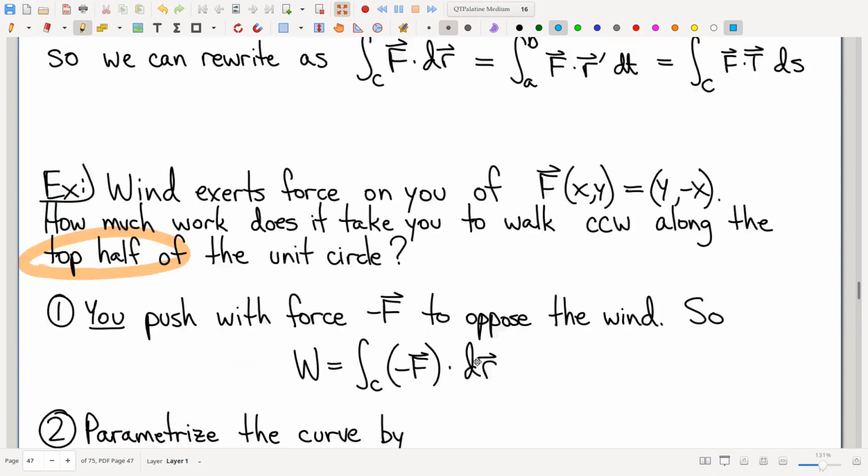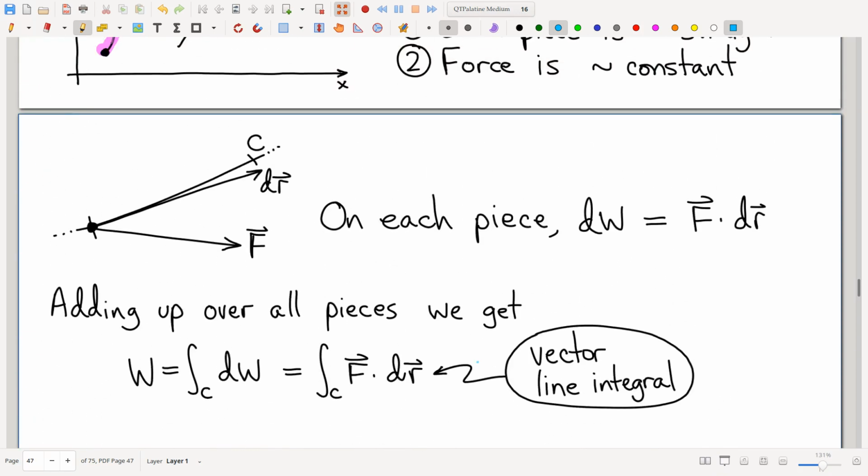Here's a picture. On each little piece, if you're going the wrong direction, if you parameterize backwards, the dr vector will be like that. Again, you'll be going backwards. You'll get the wrong answer. In fact, all of your dr vectors will be exactly the negative of what they should have been.